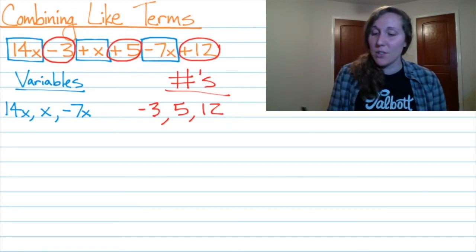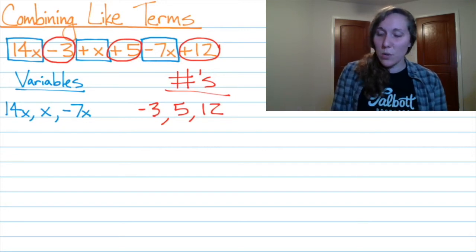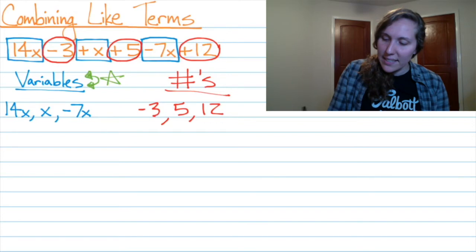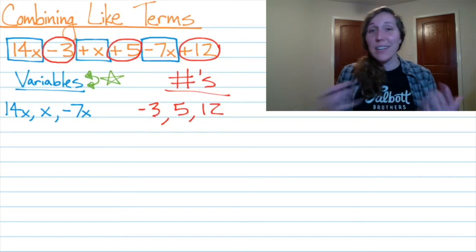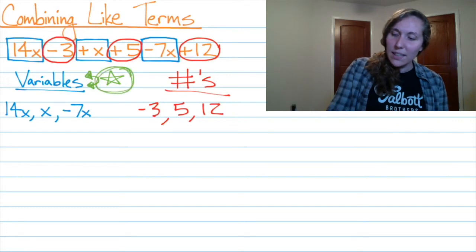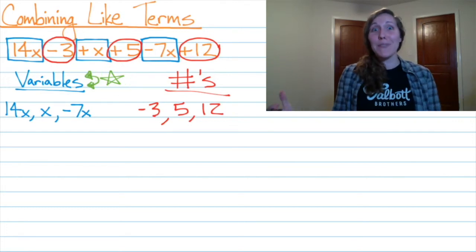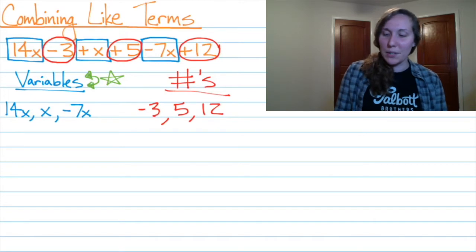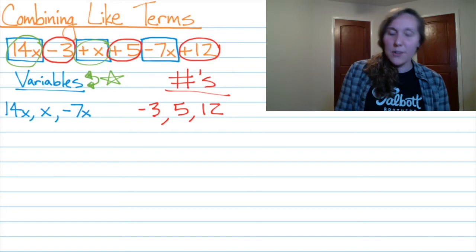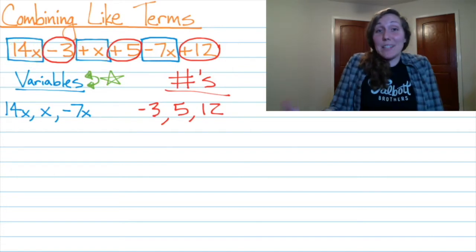And the thing with combining like terms is you can only combine variables with variables. That's the rule. It doesn't get more complicated than that. You don't even need to write out some big fancy rule. Here is your rule. You can only combine variables with variables, with variable terms. So you can only combine a term that has an x with another term that has an x. And it has to be the same variable.